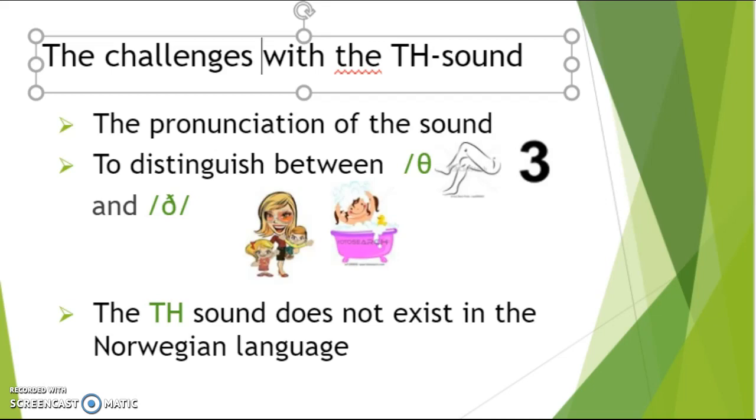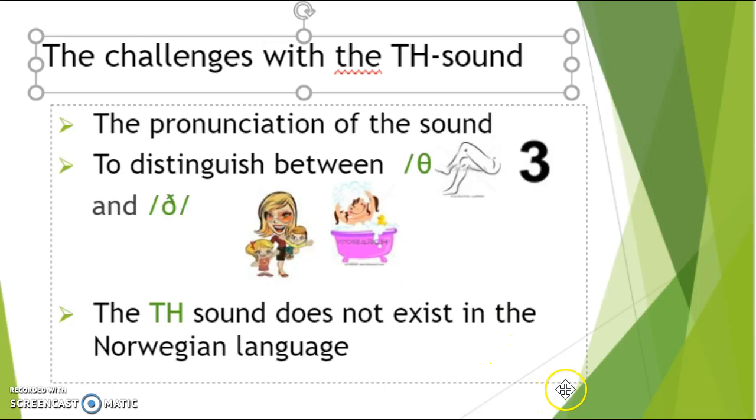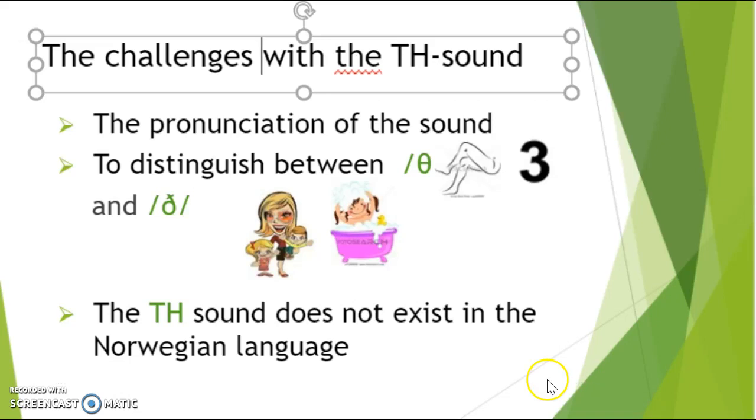And it is also a challenge to distinguish between the th sound, like in thigh or three, and the th sound, like in mother and bathe. The th sound does not exist in the Norwegian language. That is also a challenge because the pupils are not used to pronouncing the sound from their mother tongue.